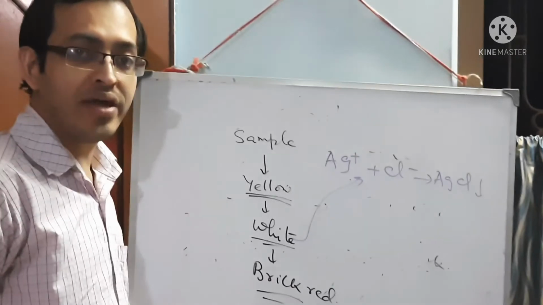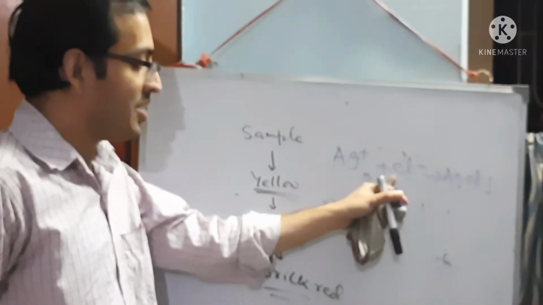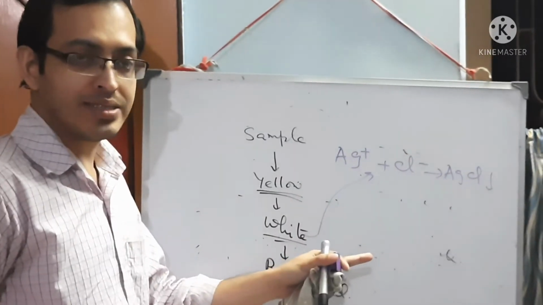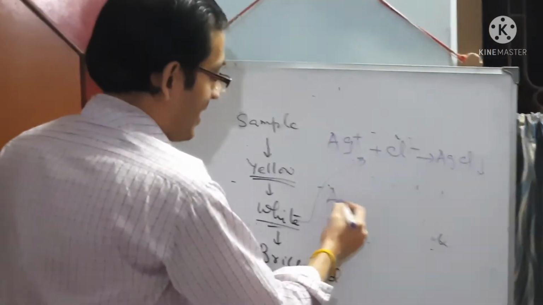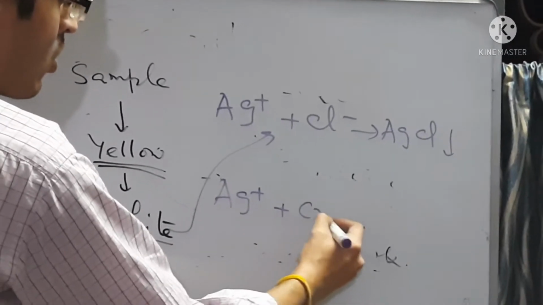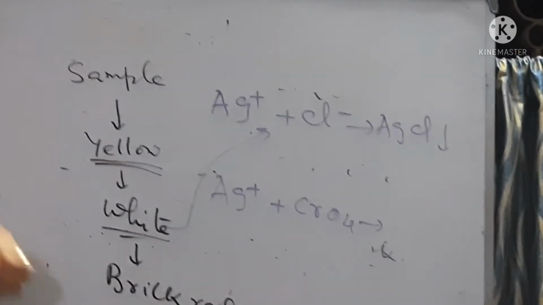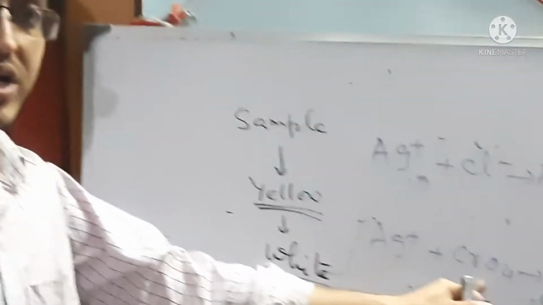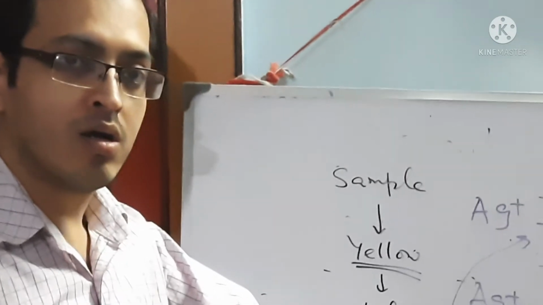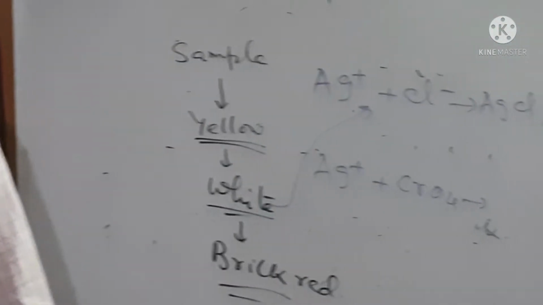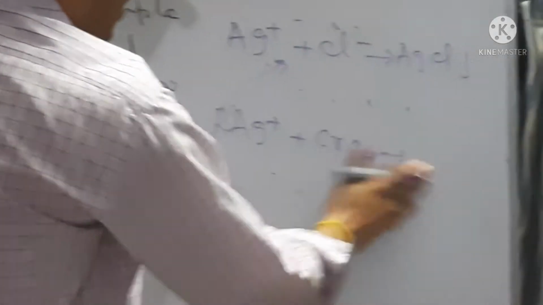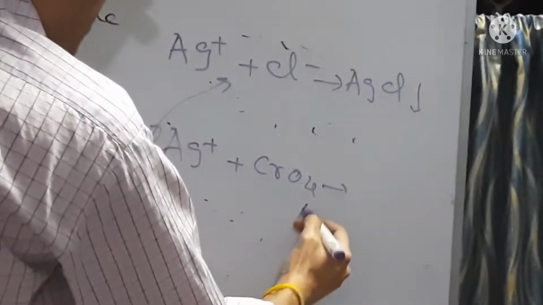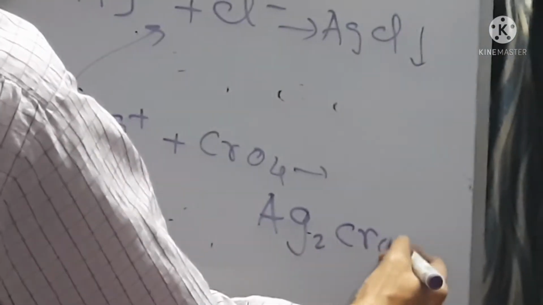Then when all the chloride ions are used up, the excess silver will combine with the CrO4 chromate of the indicator solution, and it will form Ag2CrO4.